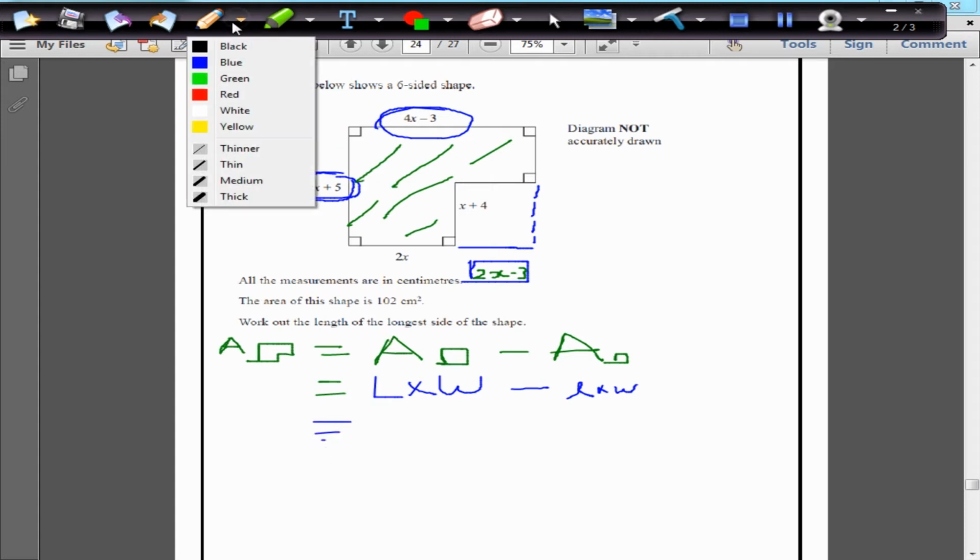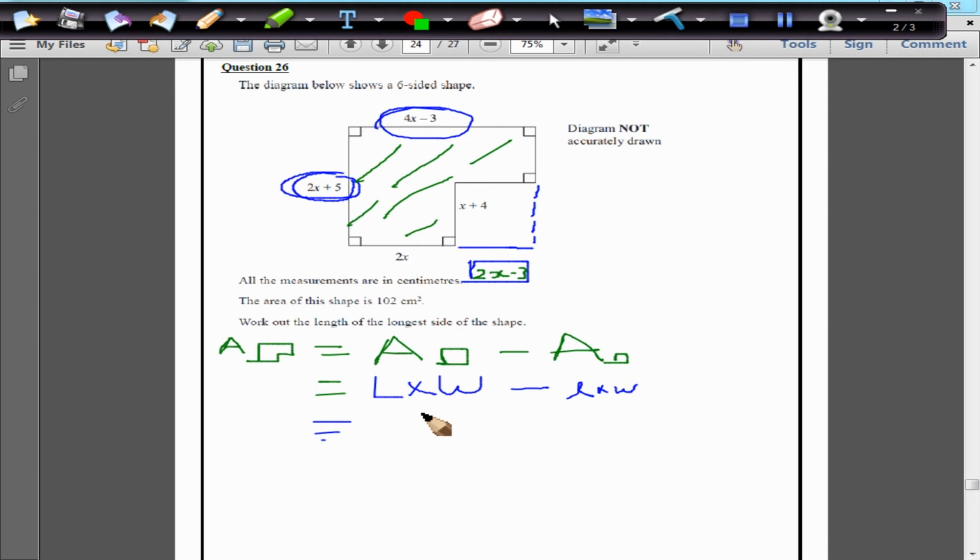What's the length of the big shape, Smia? It is 4x minus 3. Idris, what is the width of the big shape? The width of the big shape is 2x plus 5.